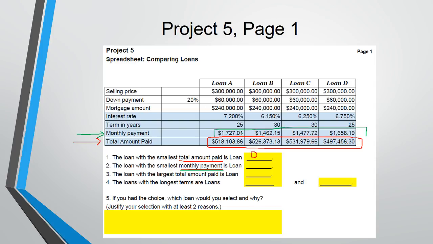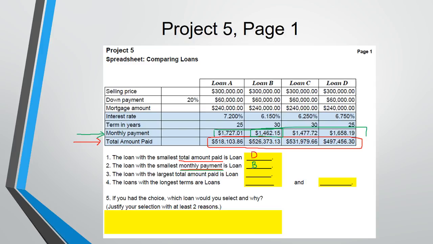We have $1,727.01, $1,462.15, $1,477.72, and $1,658.19. The one that has the smallest monthly amount is $1,462.15. So that is loan B. All we're going to do is write in the letter B.